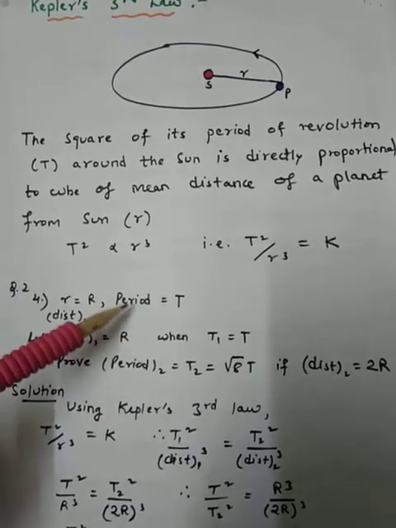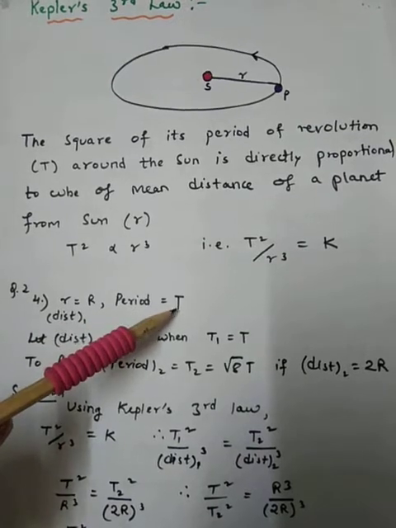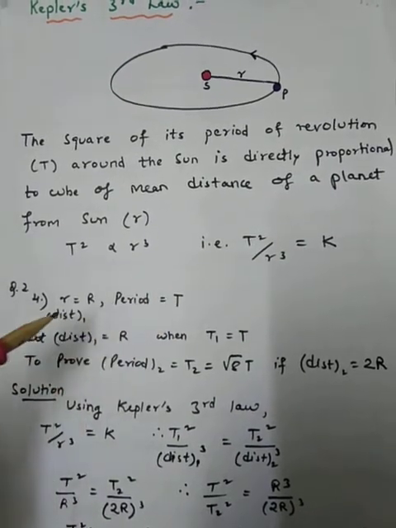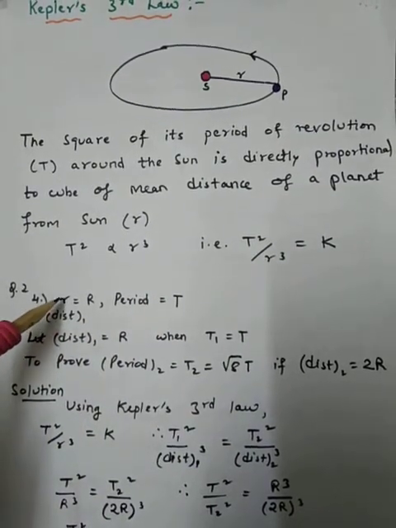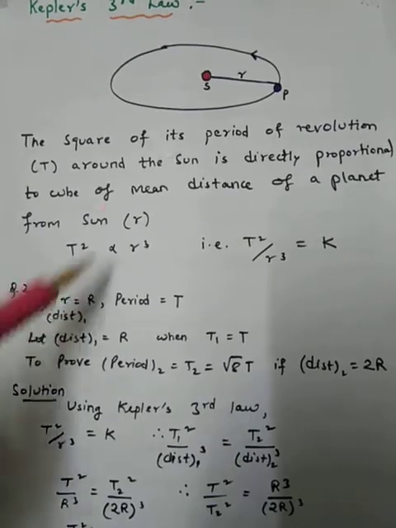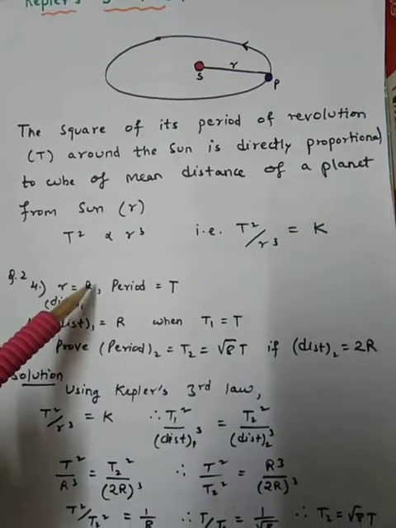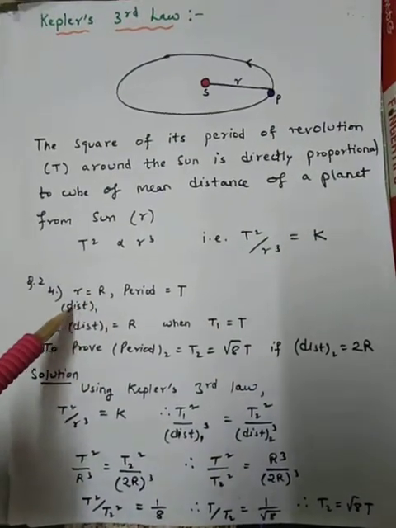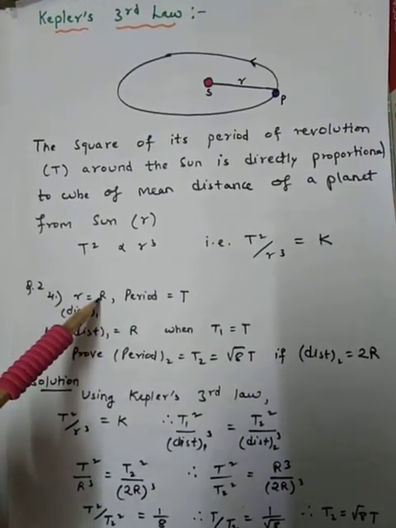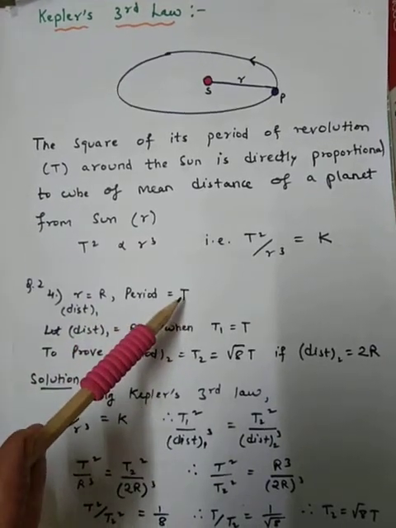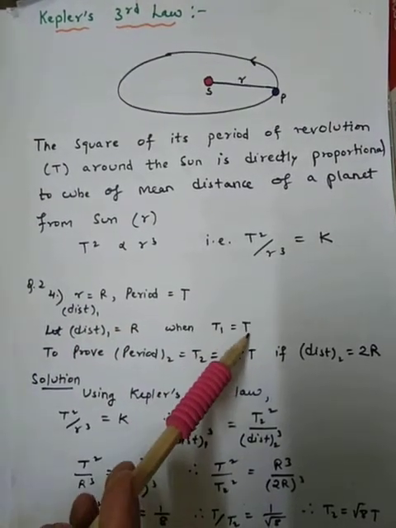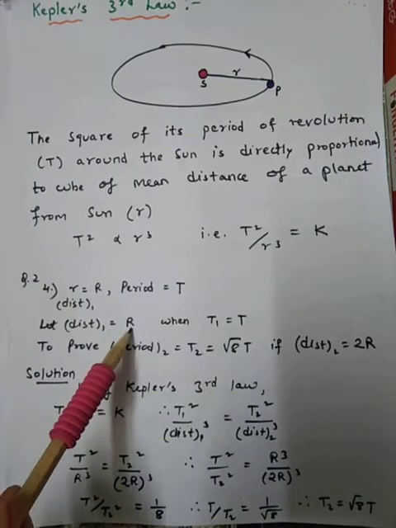So the period of revolution is t, and the distance between the planet and the star is r. We have taken here small r, but in the question they have given the distance as r. We will suppose that this is distance 1, that is r, and period 1 we will take as t. So t1 I will take as t, and distance 1 I will take as r.